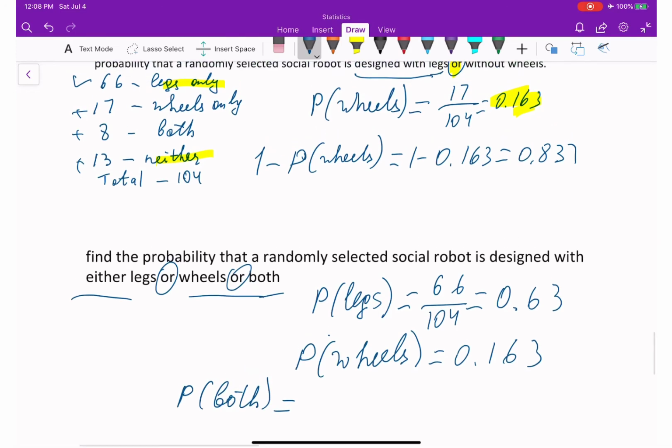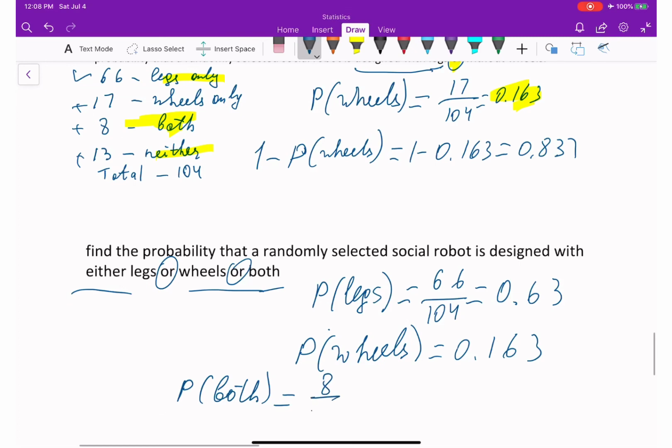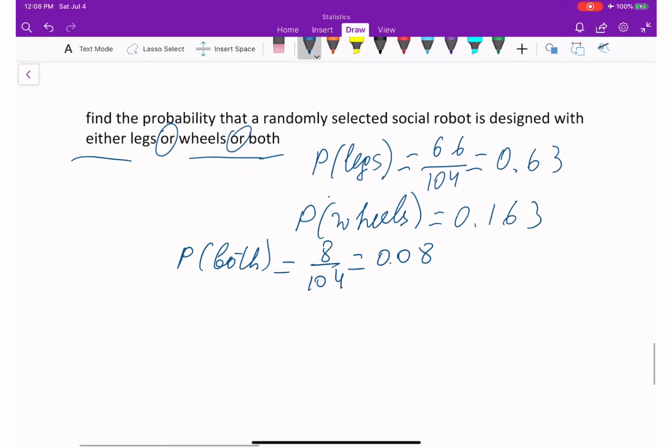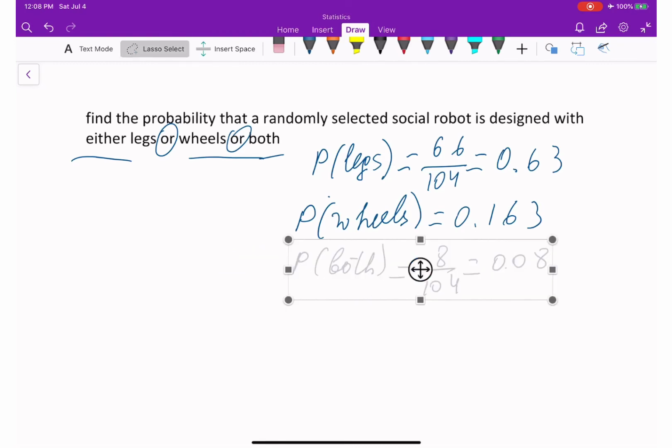Here we have the probability of both. So it's going to be 8 over 104. 8 divided by 104 is equal to 0.08. So if we want to know the probability of legs or wheels or both, what we're going to do is add them up.